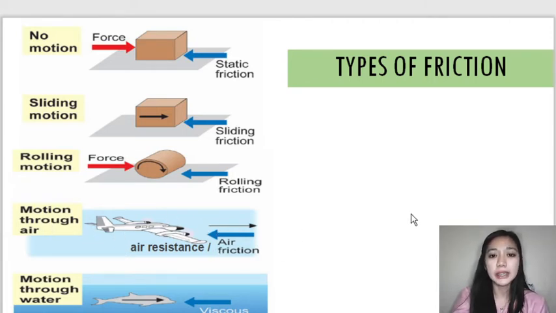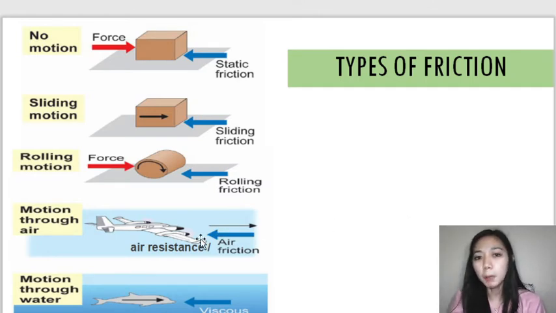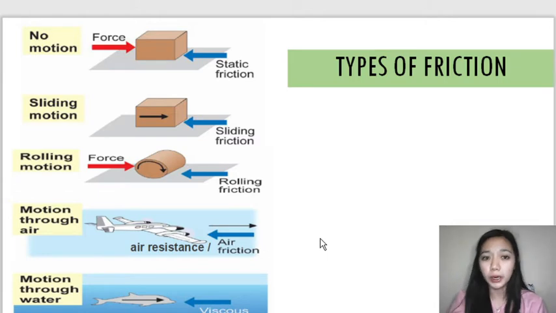So, air resistance ang tawag sa friction na meron sila. So, habang umaandar yung mga airplanes o yung mga birds forward, kung ano man direction niyan, meron mag-a-apply sa kanilang air friction or air resistance. Opposite naman sa direction nila. So, kung pasulong yung movement ng object, yung air friction o yung air resistance naman ay pasalubong sa kanila.